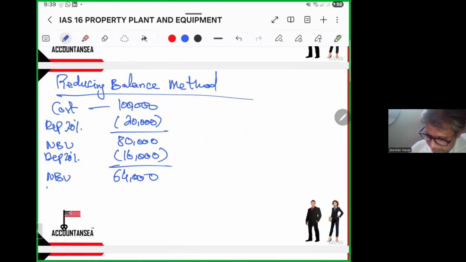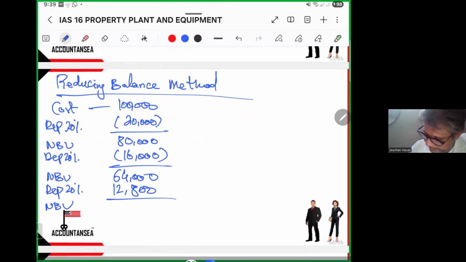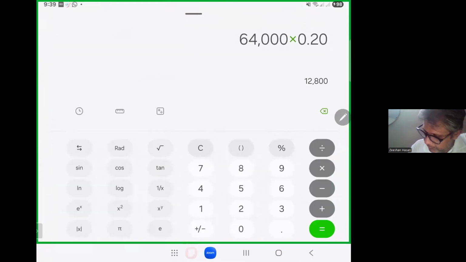This year, depreciation 20%, 12,800. And now the net book value is how much? 64,000 minus 12,800, 51,200.